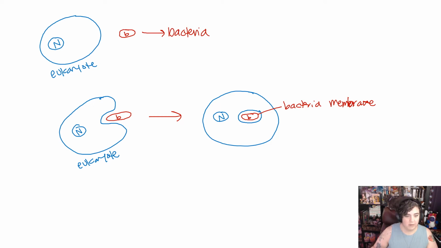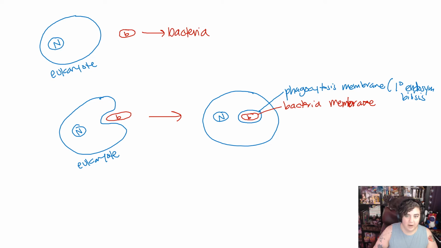That next membrane that is outside of it, but still part of that organelle, this is the phagocytosis membrane of primary endosymbiosis.